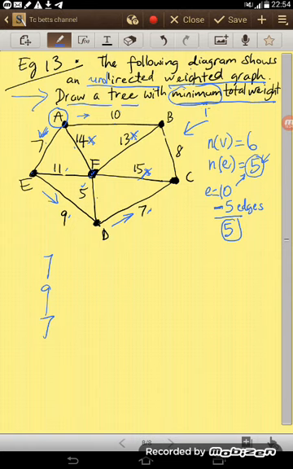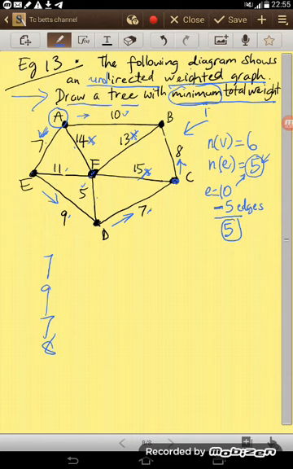So I have to choose 7, and then from 7 here, 15, I don't want 15, it's a big number, so I choose 8. I choose 8, and then 10 and 13.